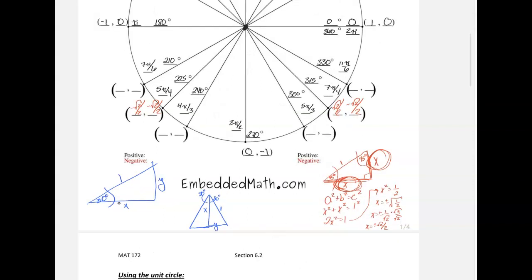And if I were to rotate it this way, this would be y, this side would be 1, and here is my 30 degrees, and this would be x. So now I'm going to make a mirror image right here. So this guy, if it's the exact same thing, would be 30 degrees here.